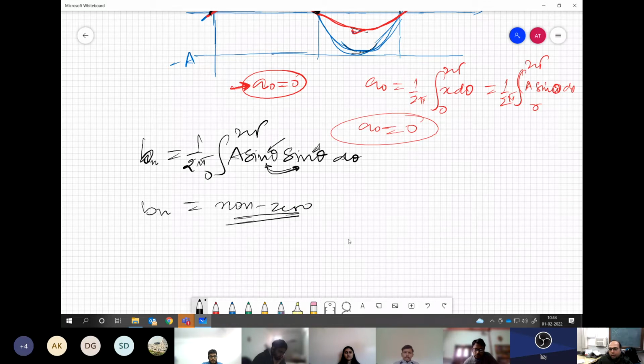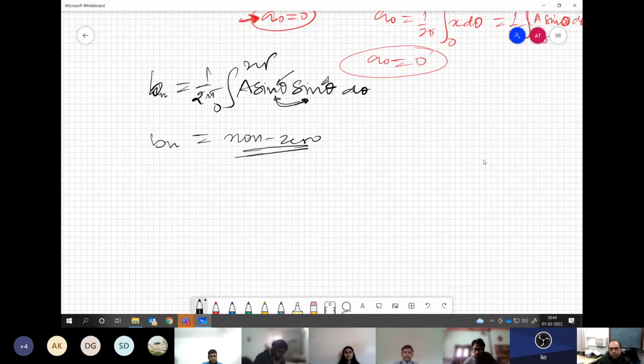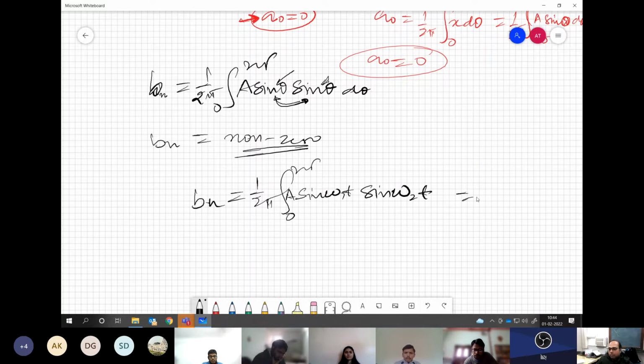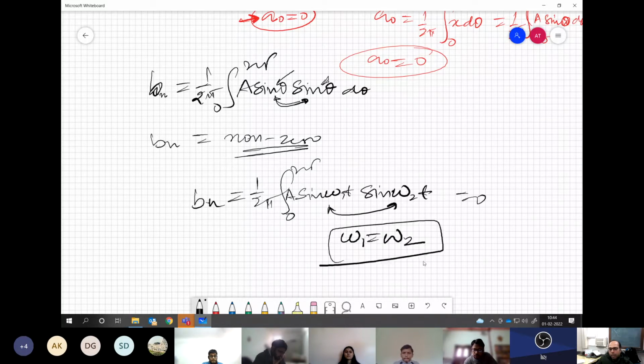If you have two waveforms with different frequencies, say sine omega 1 t and sine omega 2 t, and you take the product and average, this will certainly become 0. This will be non-zero only when omega 1 and omega 2 are equal. Then Bn is going to be non-zero.